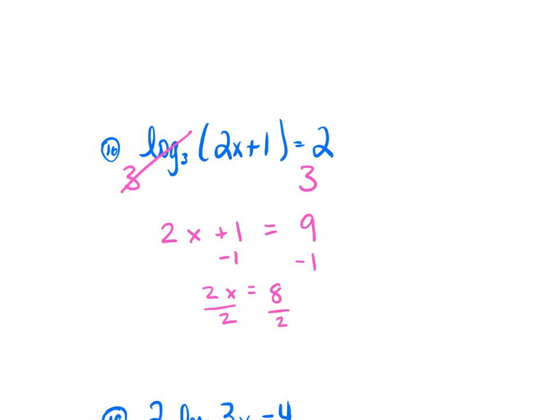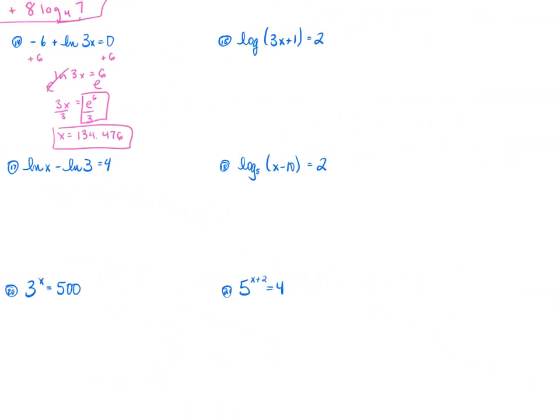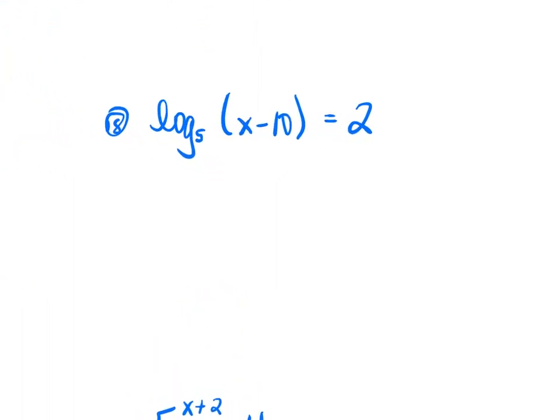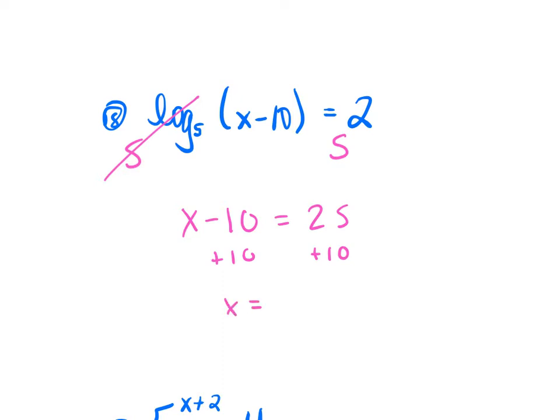Divide by 2. x is equal to 4. All right, 18. What do we do here? Put a 5 on the bottom of both sides, so it cancels. We have x minus 10 is equal to 5 squared, which is 25. Add 10 to both sides. So this is x is equal to 35.